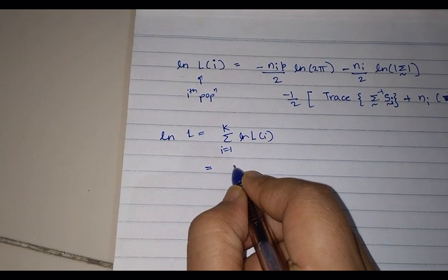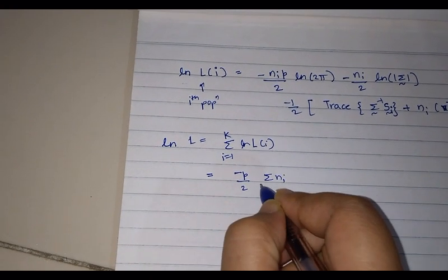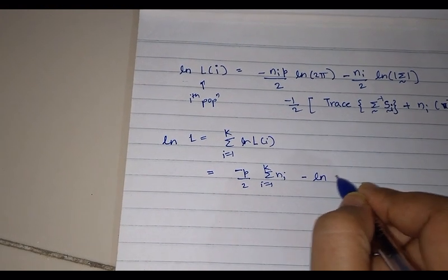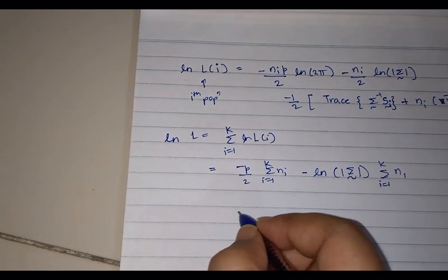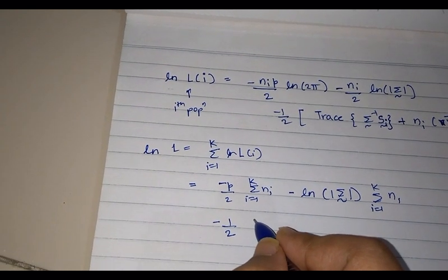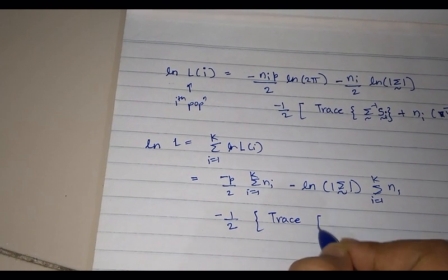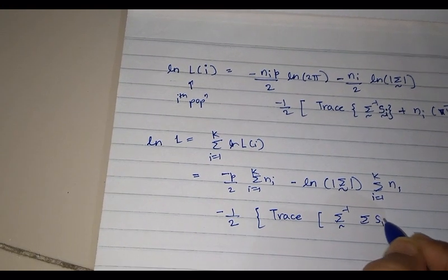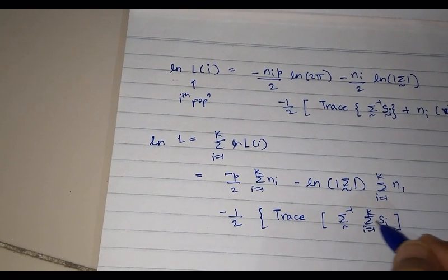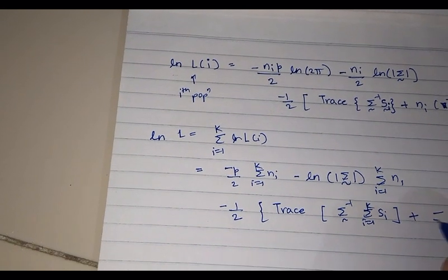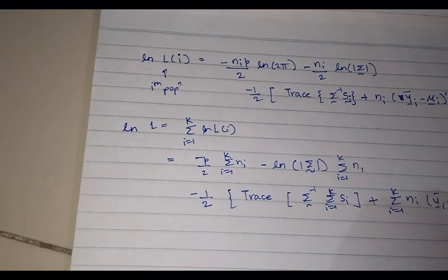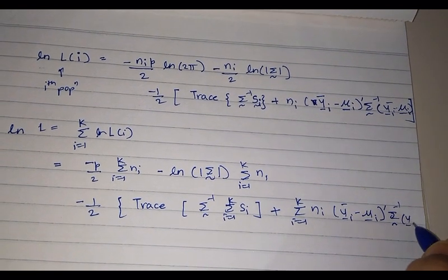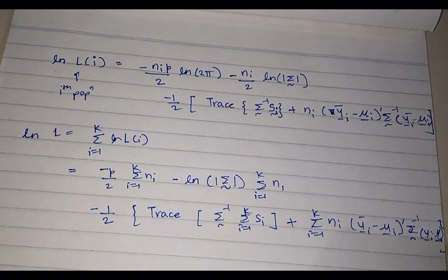The first term would become minus p by 2 summation n_i, i going from 1 to k, then minus ln determinant of sigma summation n_i, i going from 1 to k, and minus half, and we have the same story, trace of sigma inverse times the sum over S_i, i going from 1 to k, because trace and finite sum can be interchanged, plus the sum over i going from 1 to k of n_i, (y_i bar minus mu_i) prime sigma inverse (y_i bar minus mu_i). Okay.